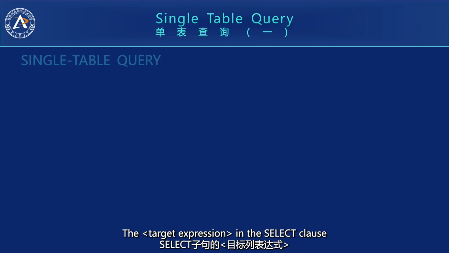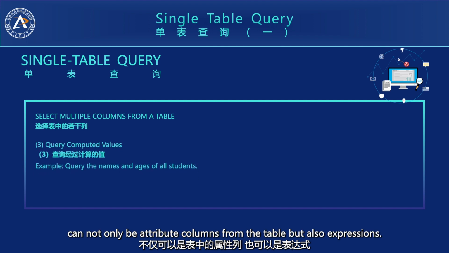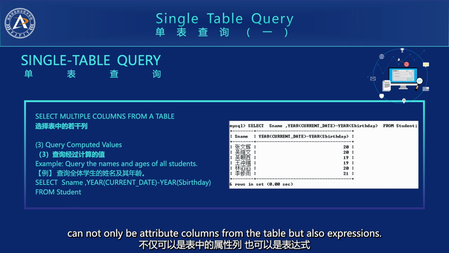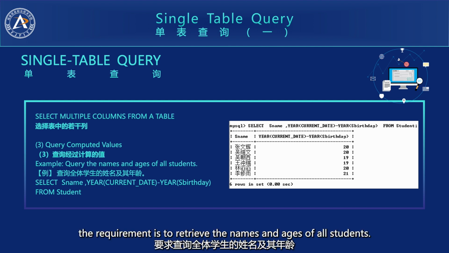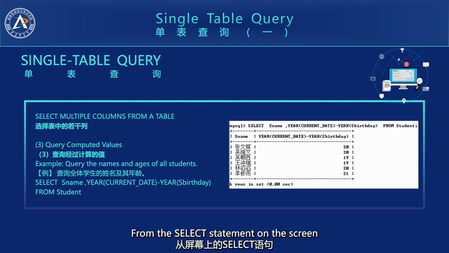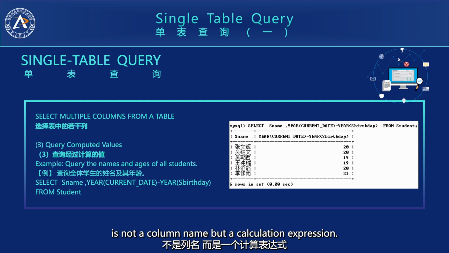The <target expression> in the select clause can not only be attribute columns from the table but also expressions. In the example on the screen, the requirement is to retrieve the names and ages of all students. From the select statement on the screen, we can see that the second item in the <target expression> is not a column name but a calculation expression.